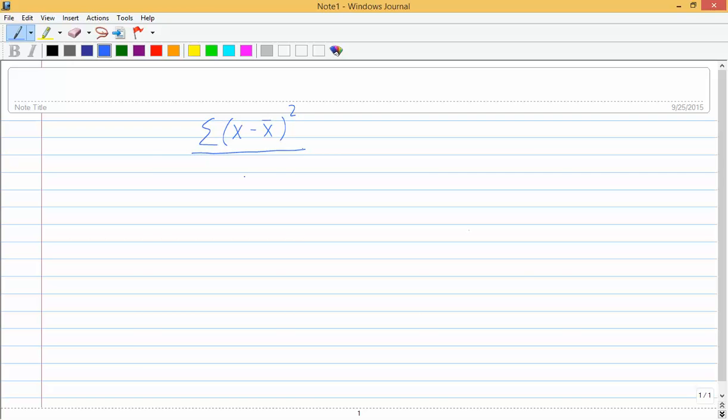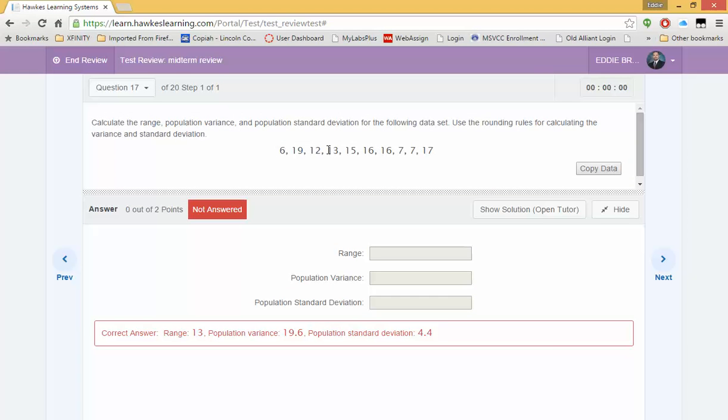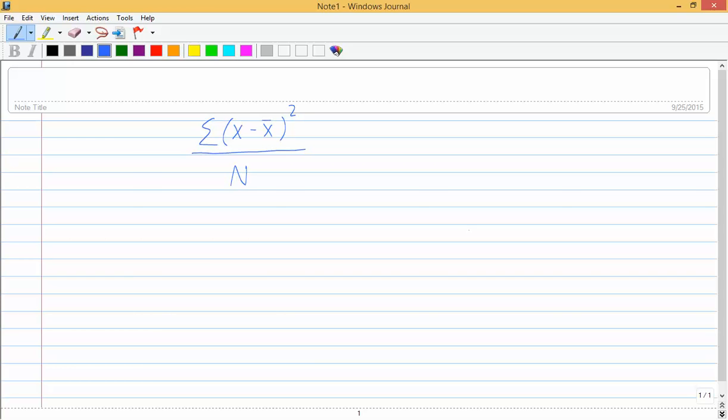With the population, you divide by the total number in the population. So if we have 10 data items, then we need to divide by 10. If this was a sample variance, we would divide by n minus 1. That's the only difference. You do all the same types of calculations.